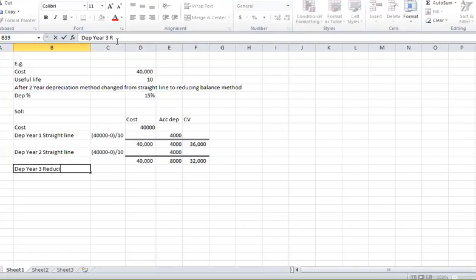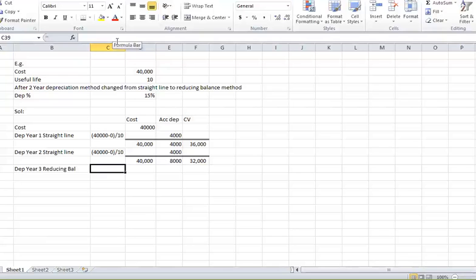But in the year number 3, we are using reducing balance method of depreciation. And now over here there is change in estimate. Whenever there will be change in estimate, students, please remember, we will charge depreciation on remaining values.